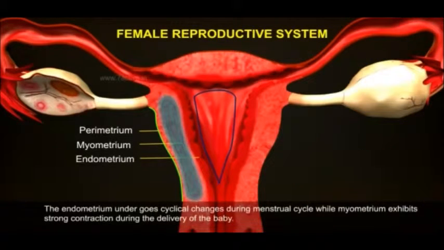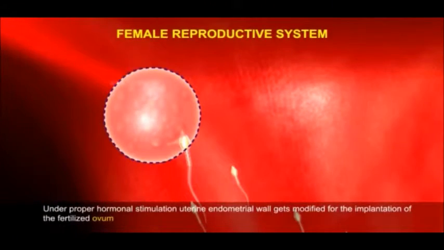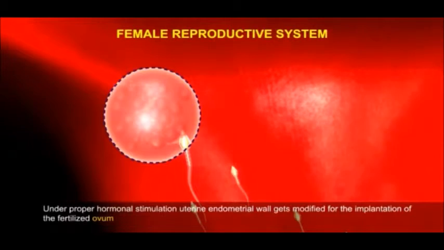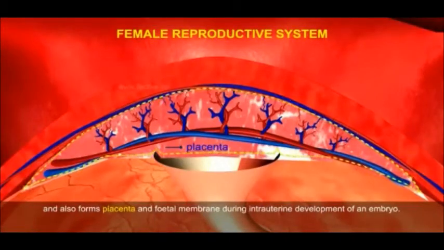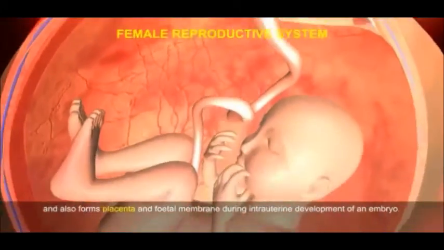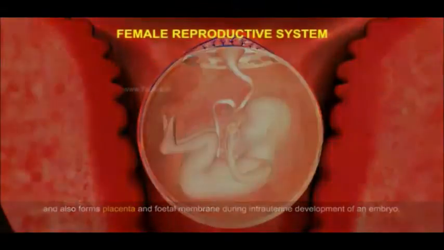The endometrium undergoes cyclical changes during the menstrual cycle, while the myometrium exhibits strong contraction during the delivery of the baby. Under proper hormonal stimulation, the uterine endometrial wall gets modified for the implantation of the fertilized ovum and also forms the placenta and fetal membrane during intrauterine development of an embryo.